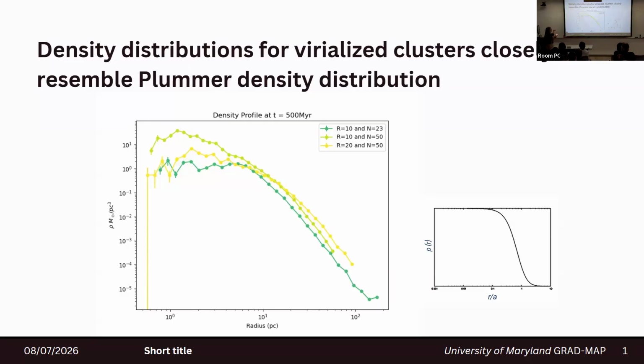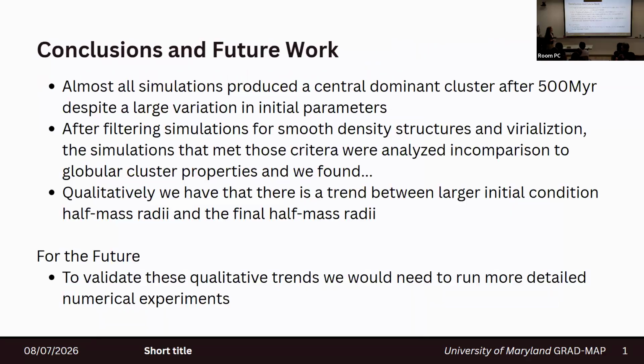We can see a pretty flat core and then this power law distribution in the envelope, which is very promising for the initial condition being able to produce a globular cluster.